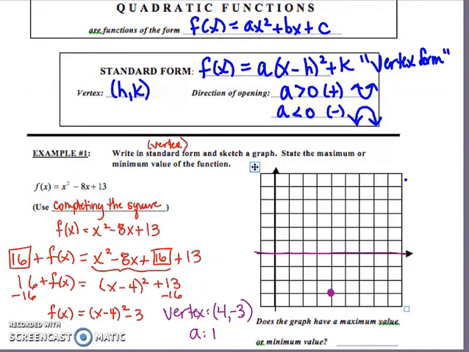I'm just going to draw what the parent graph y equals x squared looks like with this new vertex. So I would have this point 1, 1, I would have the point 2, 4, and I would have the point 3, 9. And then, of course, I would just reflect these points over my axis of symmetry to make the left-hand side of my graph.